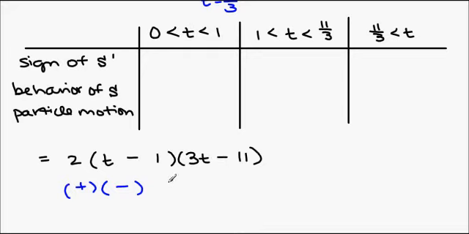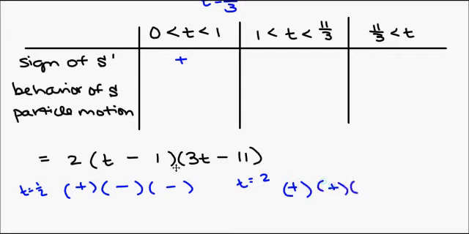And this would be negative also. So I have negative times negative is a positive times positive, so this will be positive. If I plug in a 2 here, so 2 is between these two values, I'm going to have 2, which is positive, times 2 minus 1 is positive. 2 times 3 is 6, minus 11 is negative. So plus plus minus gives me a negative.